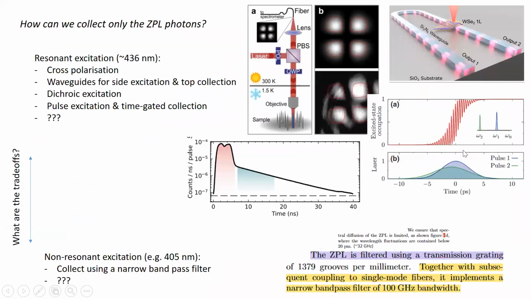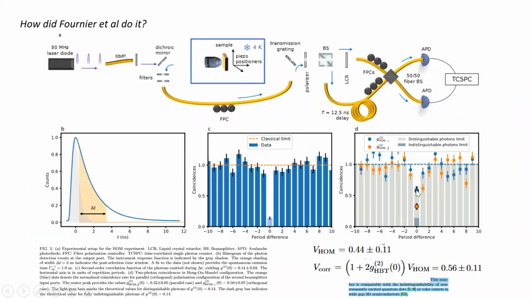But obviously you want this to be as close to 0.5 as possible, which would reflect, in a sense, your two-photon purity. Instead of one-photon purity, your photon number state purity.